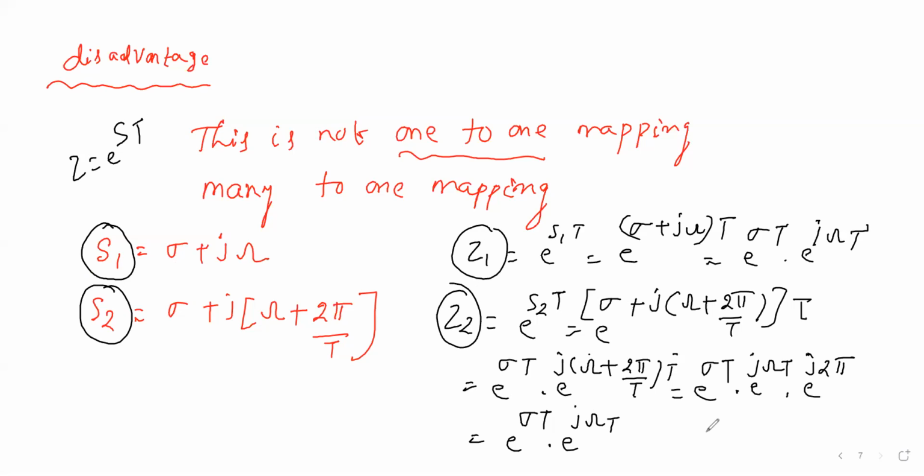What can you say? We can say like this, see, if I do like this, this is pi by t, this is minus pi by t.